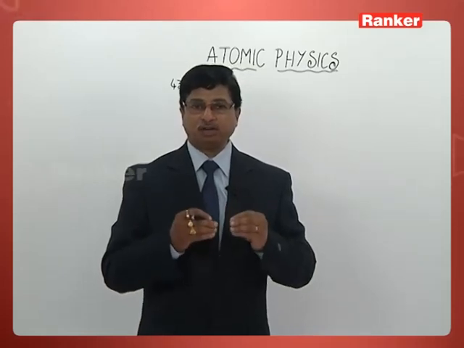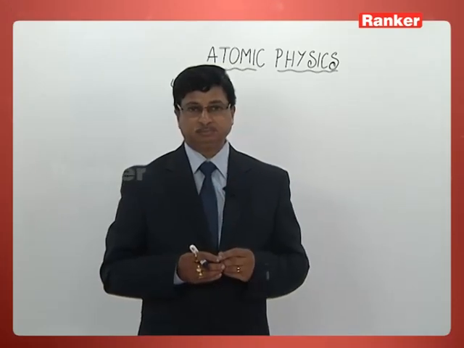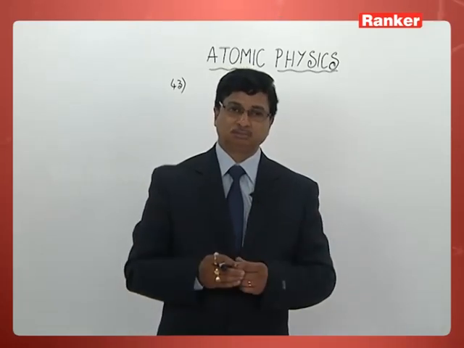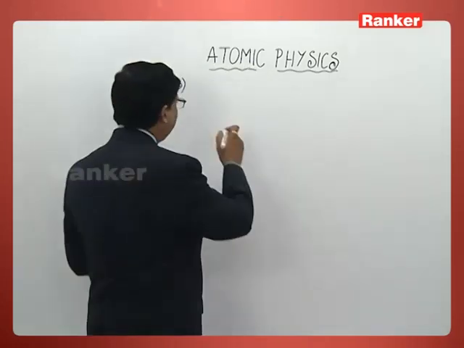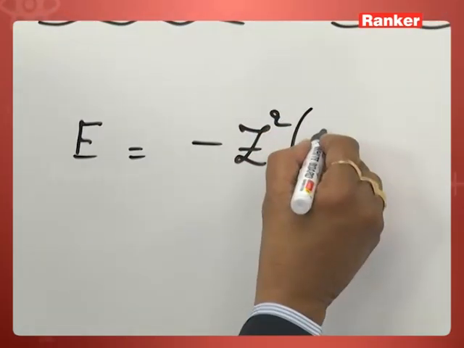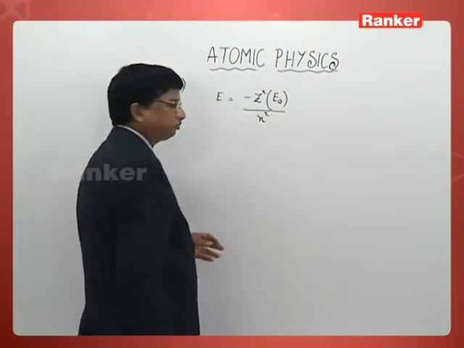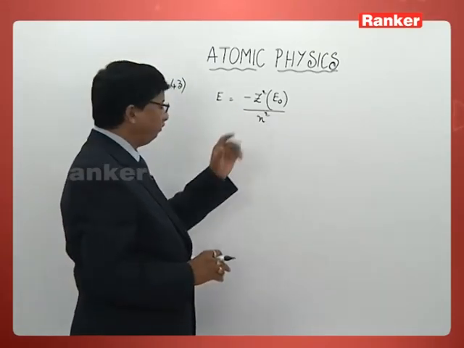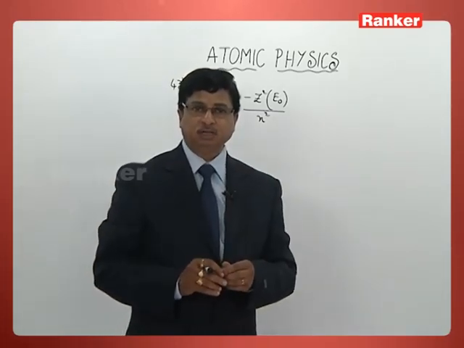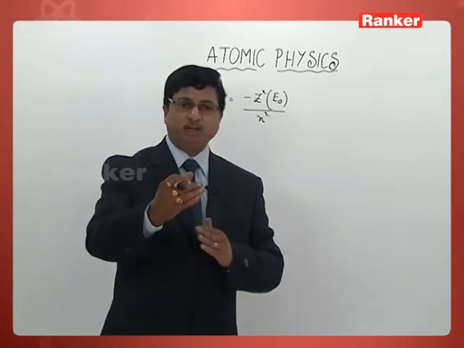So what we should understand first of all is that the energy required to remove an electron from the ground state, the basic one, is minus Z square into E naught divided by n square. In fact, energy is inversely proportional to n square when you take Z as constant, when comparing the same atom in two different cases.